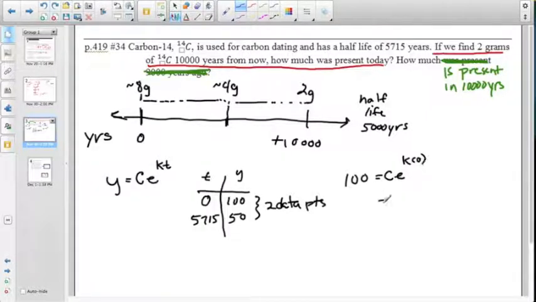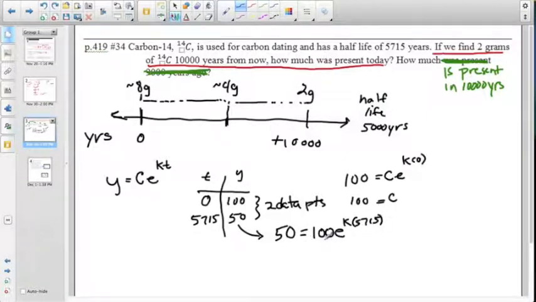So we know we have a constant of integration of 100. And then in solving for k, we can set up this situation. So this was to satisfy that situation. Now we can satisfy this condition of 50 equaling 100e^(k times 5715).